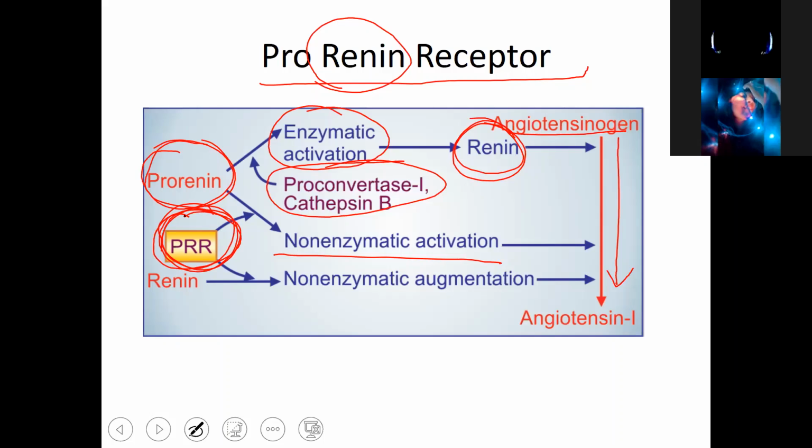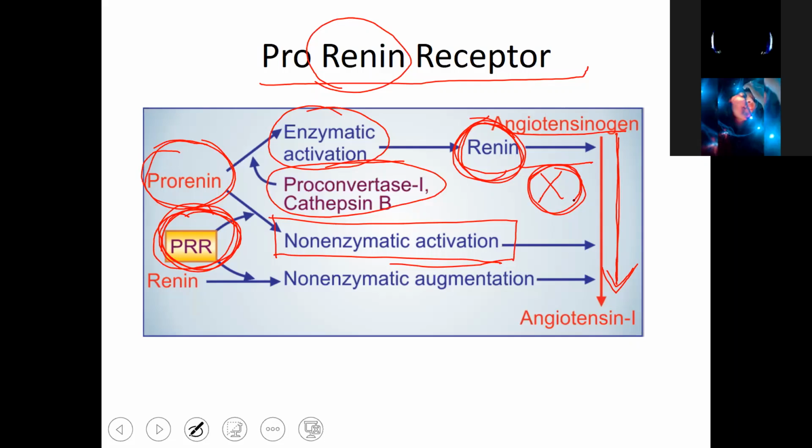It is just non-enzymatic activation. When it comes in contact, it gets the power to convert angiotensinogen to angiotensin 1. Also, at the same time, this renin, although it has some power, suppose it has a power of X to convert angiotensinogen to angiotensin 1.